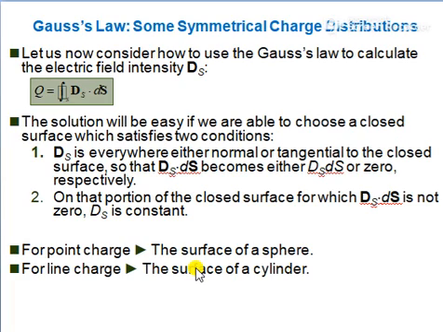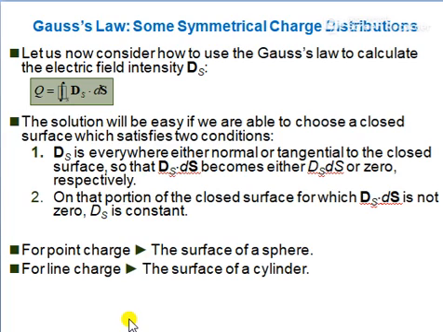Now, I have told you we can use Gauss law to obtain D and E. Let us see how. From Gauss law you already know that Q is equal to the integration over a closed surface of D dot dS.